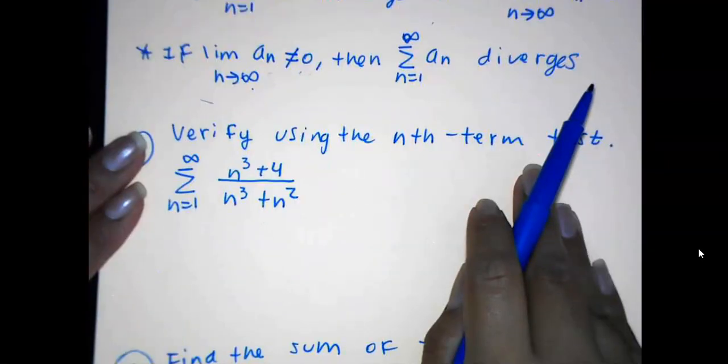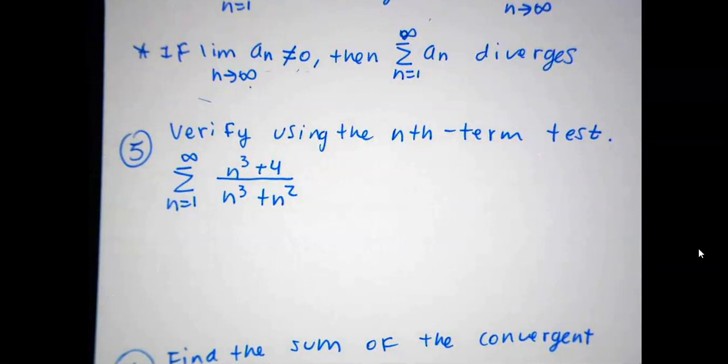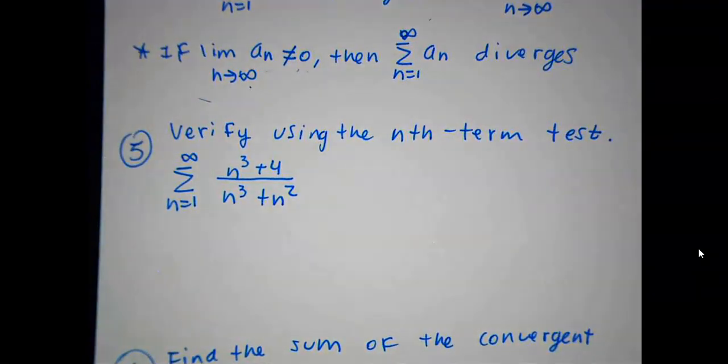This one says verify using the nth term test. So in this case, it's verifying that it diverges. How do I know it diverges?